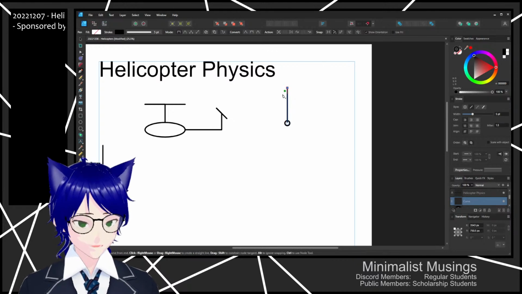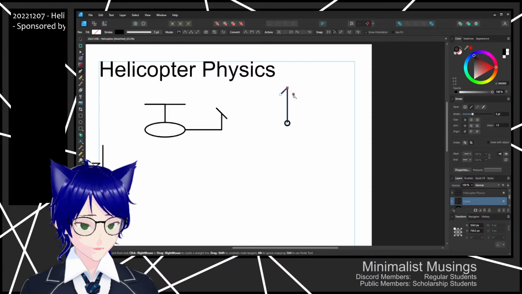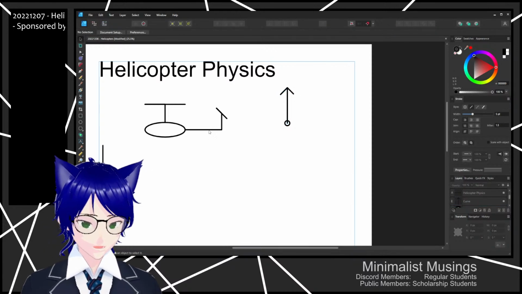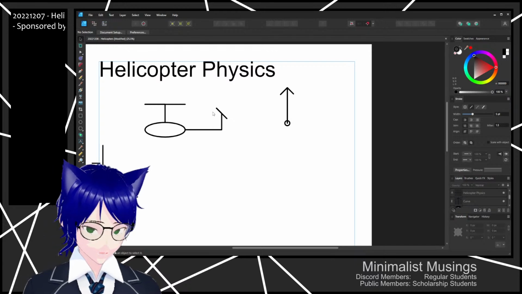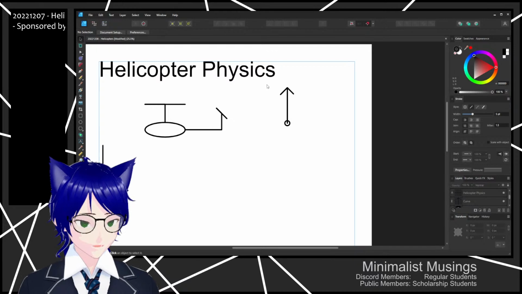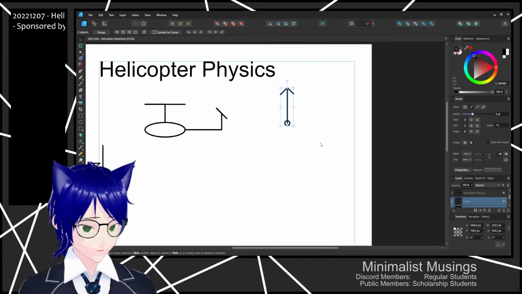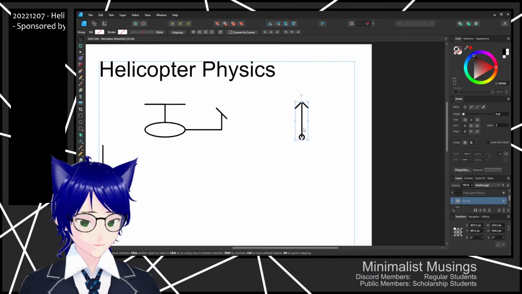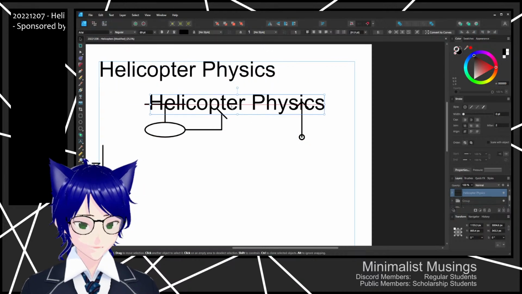And here I am drawing an arrow upwards because this is the direction that the force is going, right? So when the helicopter is completely horizontal and the rotors are completely horizontal, you can see that the force is going that way, right? So let me group this. Let's label it.